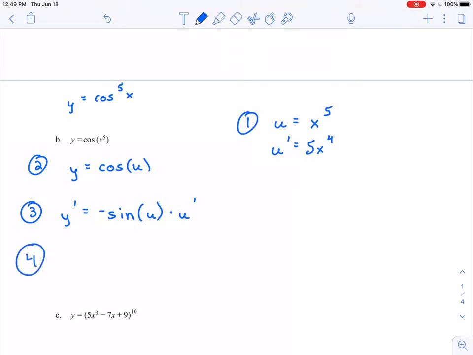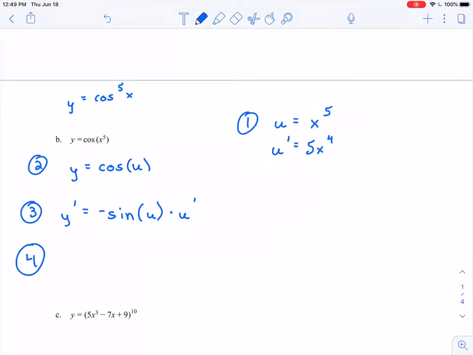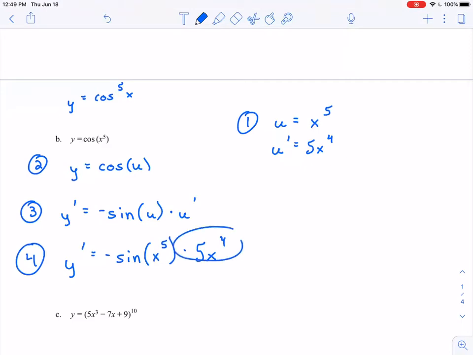Last step then, I'm taking my u and my u prime, I'm plugging those back into my function. So y prime is equal to negative sine of x to the 5th times 5x to the 4th. We could leave our function like that. To be honest, usually we write the polynomial part first, so I'm going to do it just because otherwise it's going to bother me.